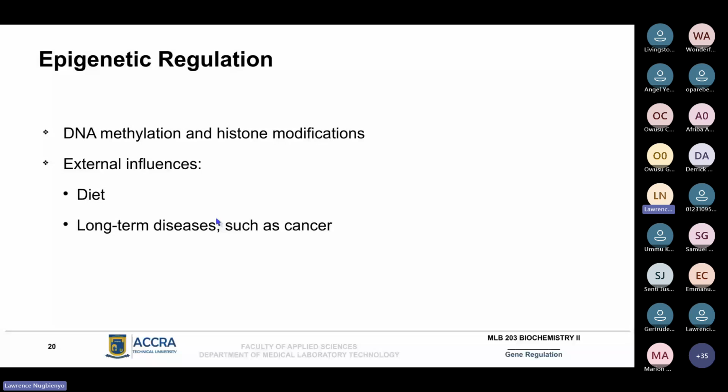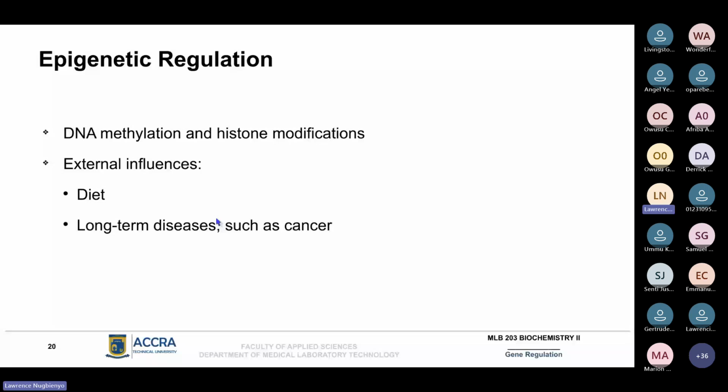If a substrate is present that is supposed to be metabolized, then there must be the enzymes that will participate in the metabolism of such substrate, and so those substrates actually activate the expression of the genes into the proteins that are required in their metabolism. So in that case, a diet, for instance, is a substrate that requires metabolism, and in their presence, you will have some genes being expressed to produce enzymes to break them down.